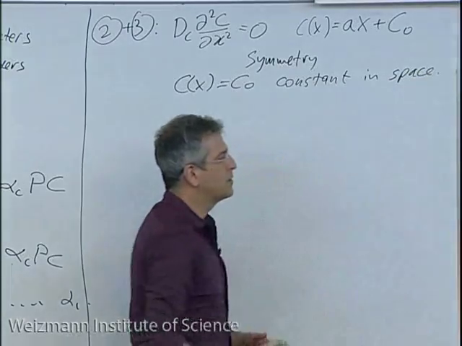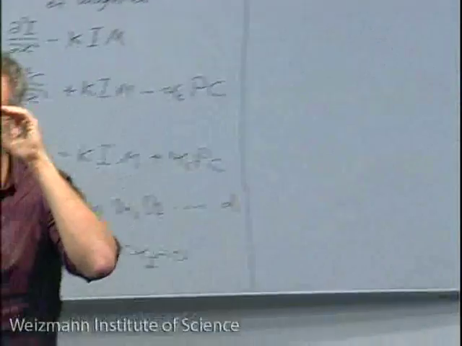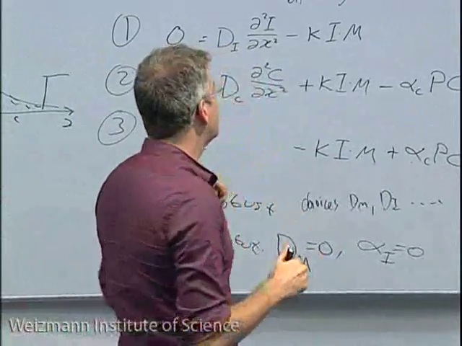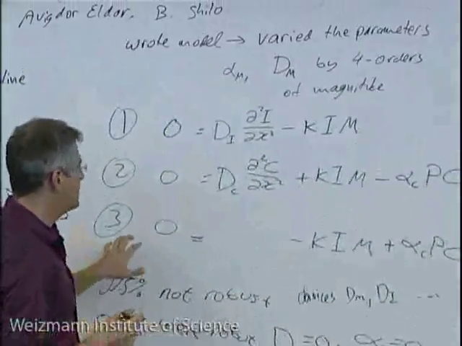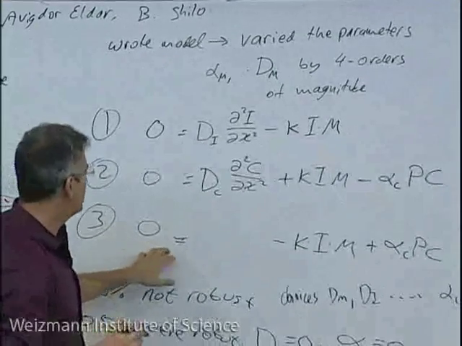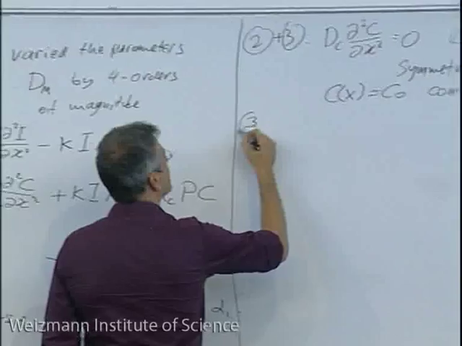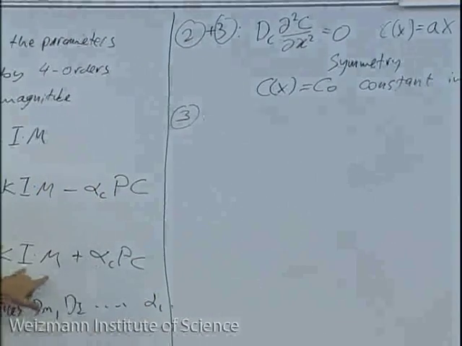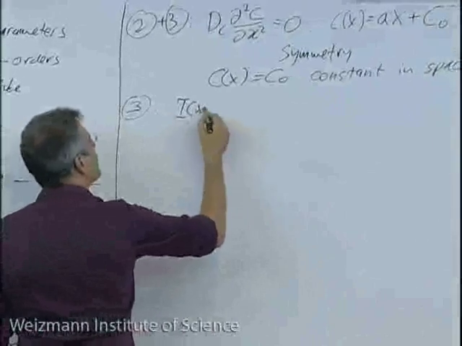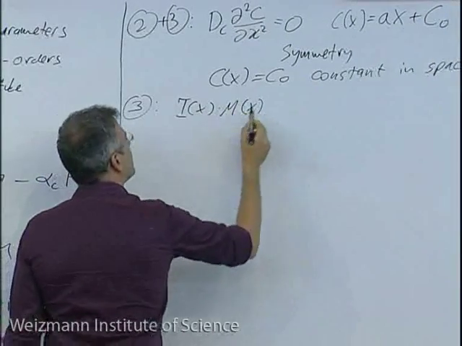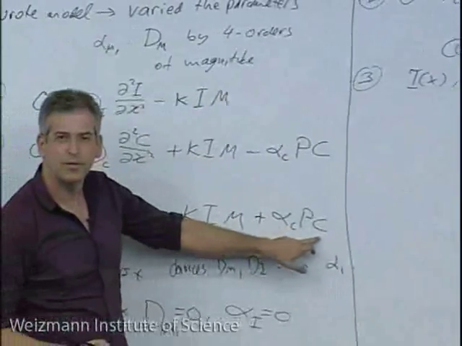So that's interesting. The concentration of the complex is flat. It's constant in space. That's what this model tells us. Now let's use that in equation 3, which has no diffusion term. What it means is that the product of I and M is basically constant because C is constant.